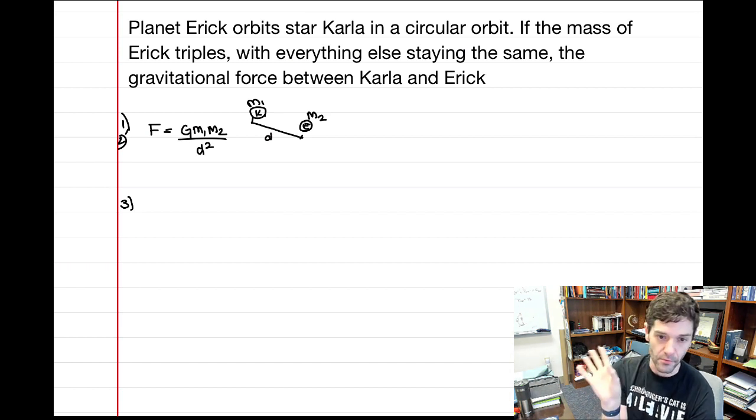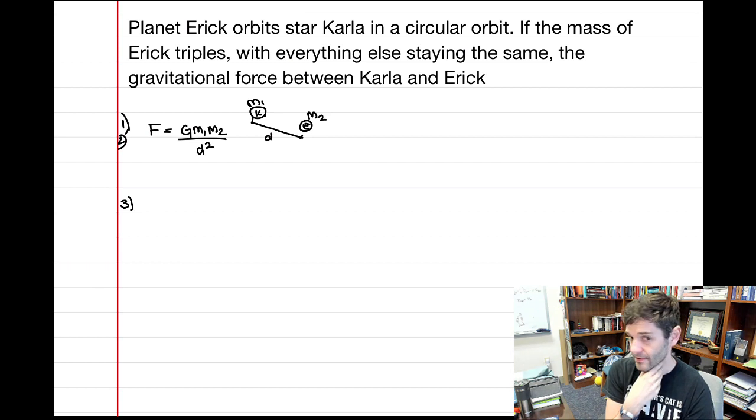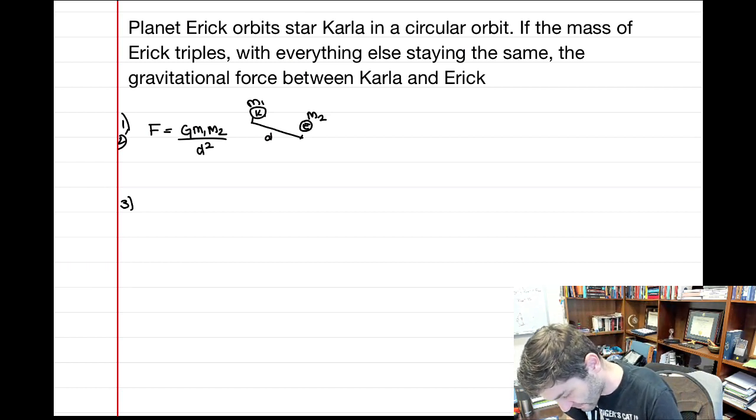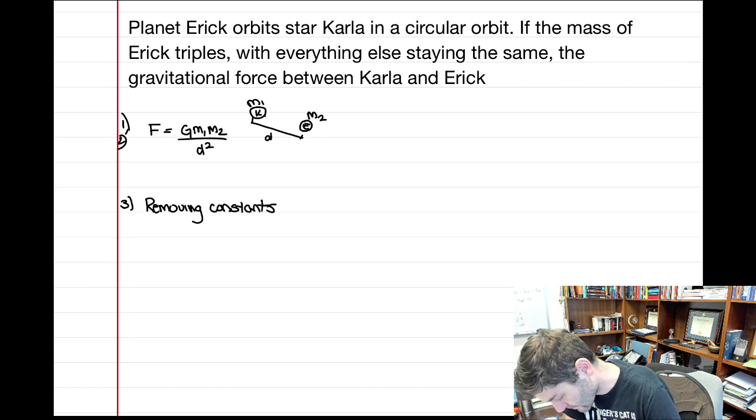Similarly, if there's 4s or pi's, you could just remove them or turn them into 1. So, removing constants, F equals M1 M2 over D squared.